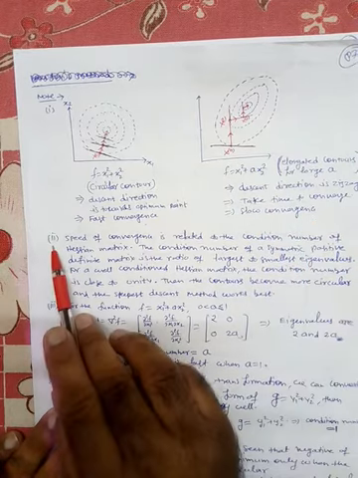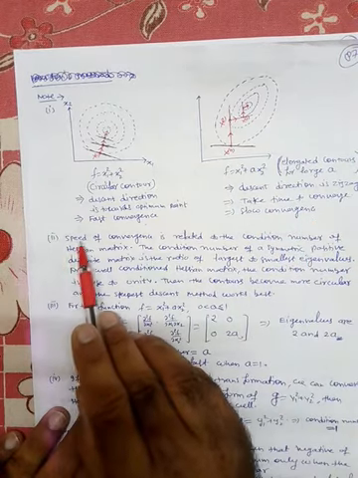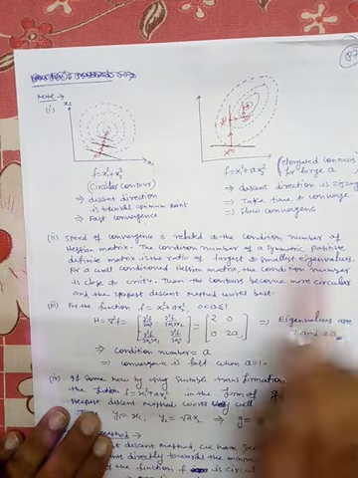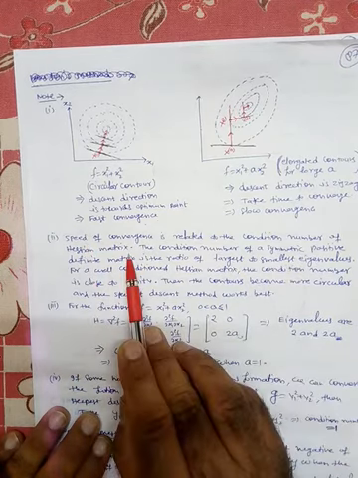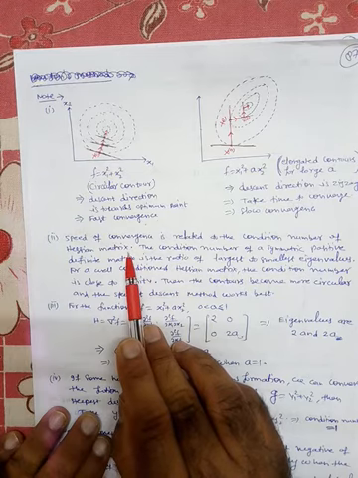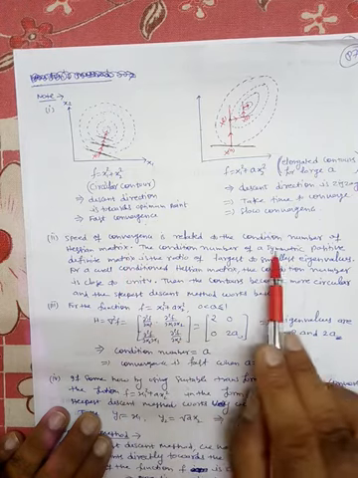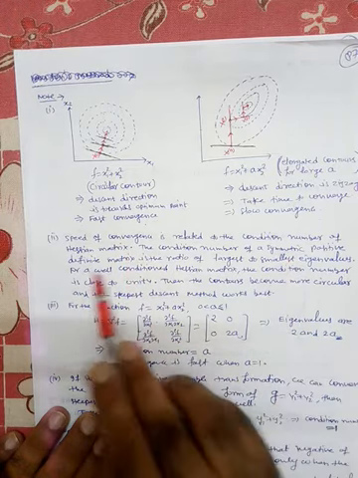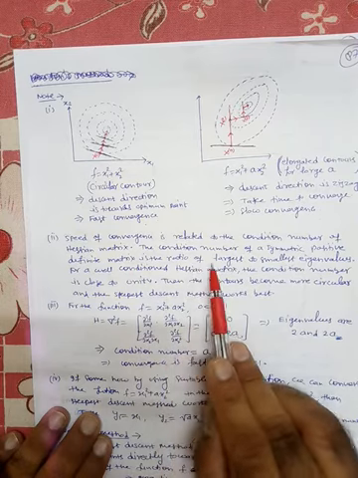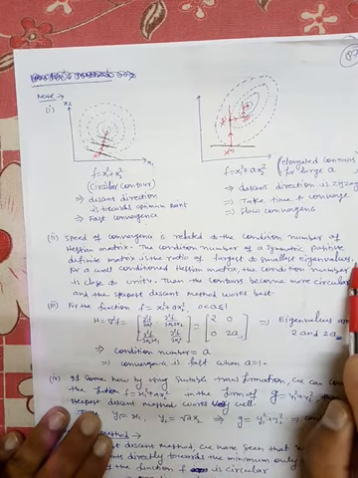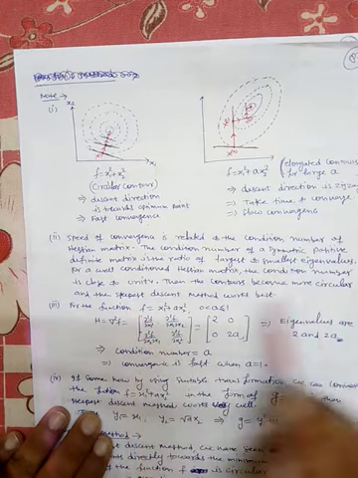Now the second note point: speed of convergence is related to the condition number of the Hessian matrix. We know the condition number for a matrix; we have already studied this in numerical analysis. The condition number of a symmetric positive definite matrix is the ratio of the largest to the smallest eigenvalue.